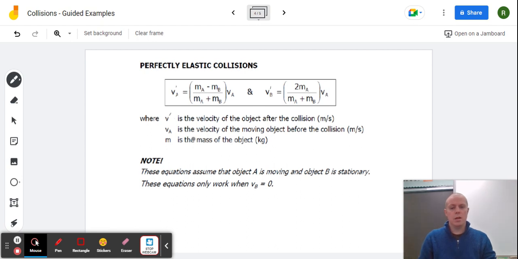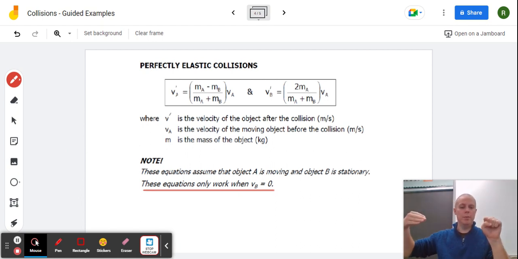One key thing that you need to be aware of for this to work: these equations only work when VB is 0. So you have one stationary object, you have one moving object, they hit and they have a perfectly elastic collision.